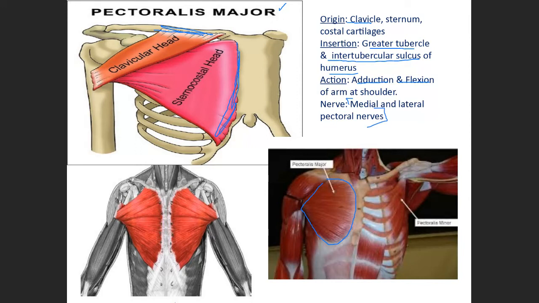You can see here the pectoralis major. You won't see the two heads, but they do exist. And on the mouse, you can see the pectoralis major. And if we pull that major up, what would be underneath it but this one, which is the pectoralis minor, which is what we're going to go over now.